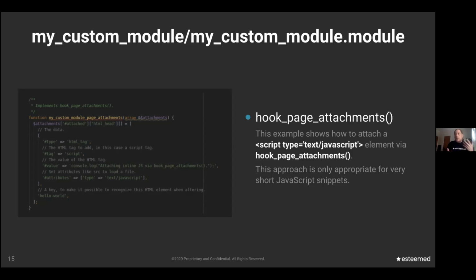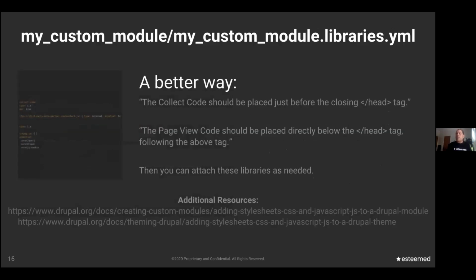If you're familiar with Drupal, it's like type, html_tag, tag script, value, and I put just a one-liner in there: console.log attaching inline JS via hook_page_attachments. So when this gets attached to the page, it's just going to log that one line to the console, saying I attached a little inline JavaScript. Not super useful. That's the simplest way of doing it, but not the best way. There's a better way.